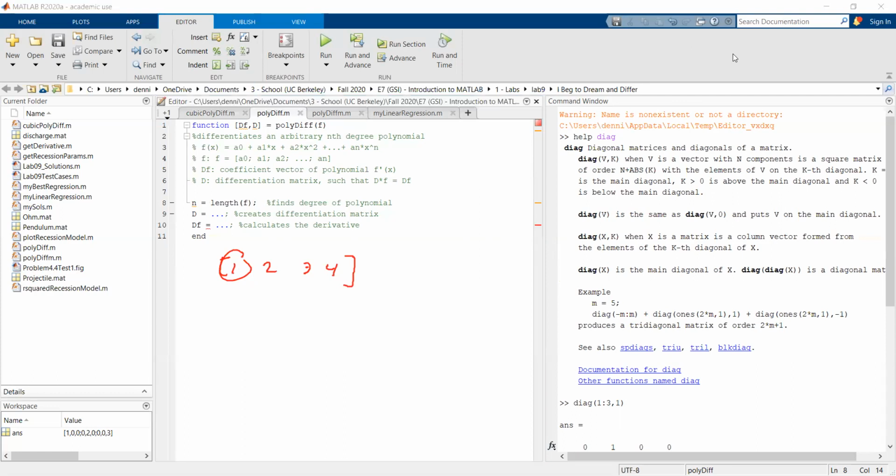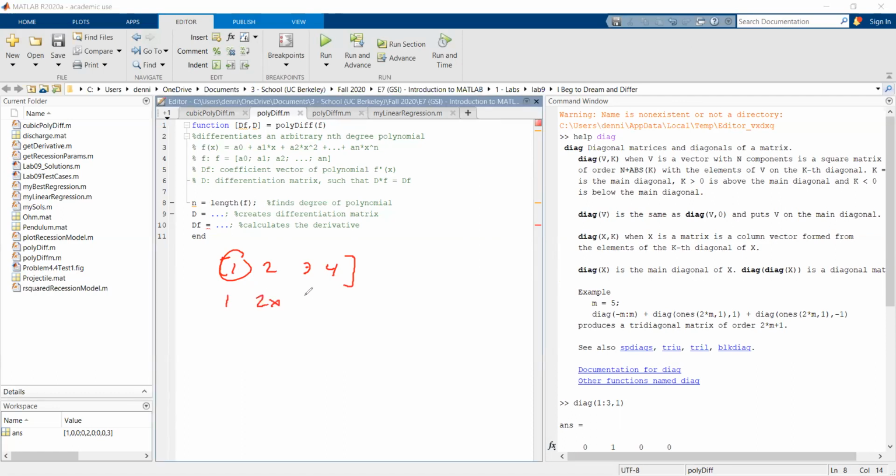Because remember we had 1, 2x, 3x squared, 4x to the power of 3. It's 4 long, but it's only order 3. So 4 equals 3 plus 1. In other words, we want the order, so we need to subtract 1. 3 equals 4 minus 1.